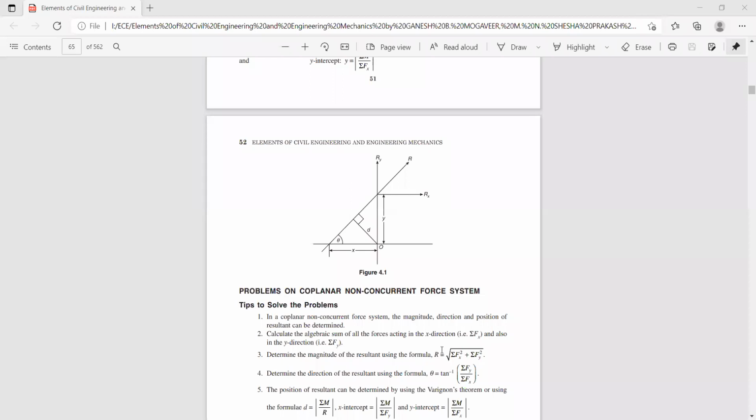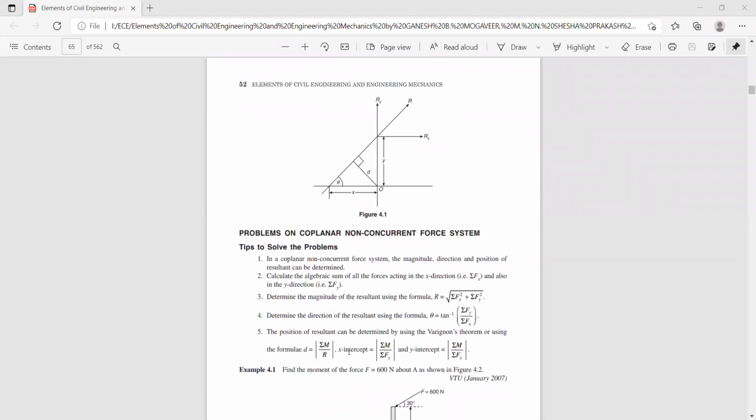Then you can find the magnitude of the resultant, the direction of the resultant, and the position of the resultant along with its x and y intercepts. So along with magnitude and direction, in a non-concurrent force system you also need to find the position and the x and y intercepts of the resultant.